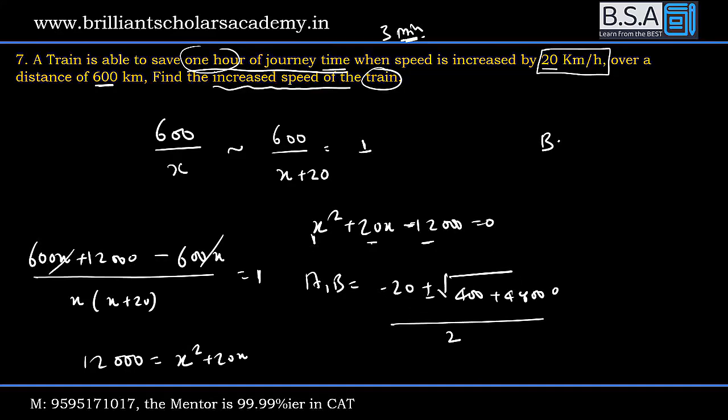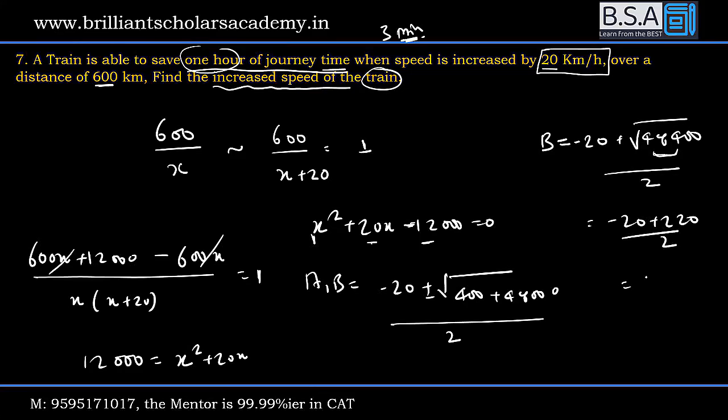So the speed will be minus 20 plus root of 48400. That is a square, 484 is a square of 22, so it's 220 upon 2. So minus 20 plus 220 upon 2 is equal to 100 kmph.